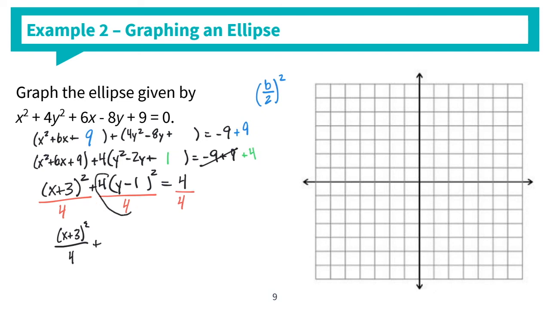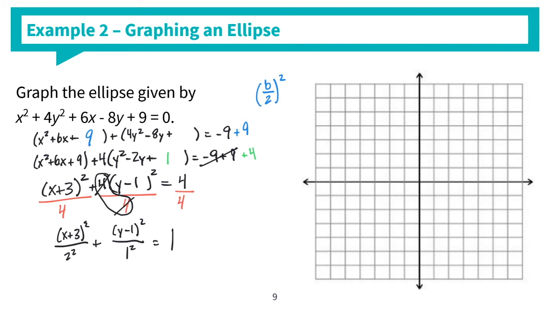If I simplify this fraction, they actually cancel out, and I'm just left with a 1. So I'm going to have y minus 1 squared technically over 1, and 4 divided by 4 is 1. Okay, so I'm going to fix this just in one small way, and that is I'm going to rewrite this 4 as a 2 squared. And 1 can be written as 1 squared. And that's going to help me graph.